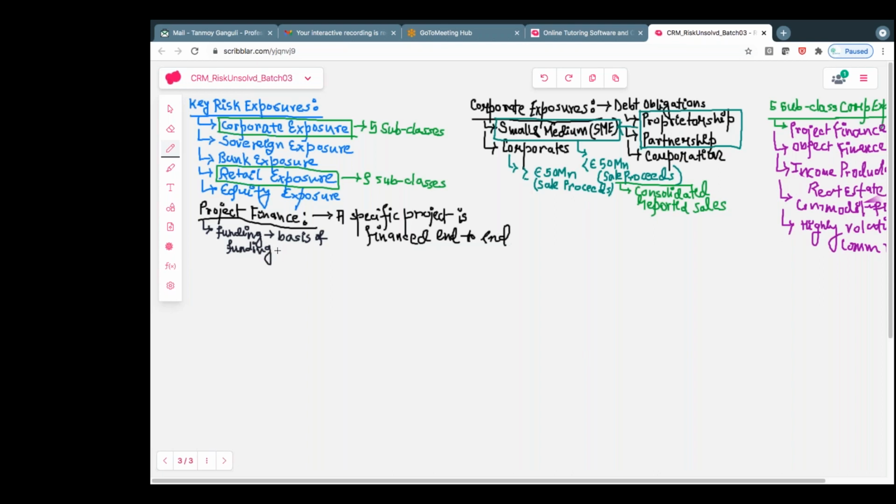where the basis of funding is the revenue generated from the projects.